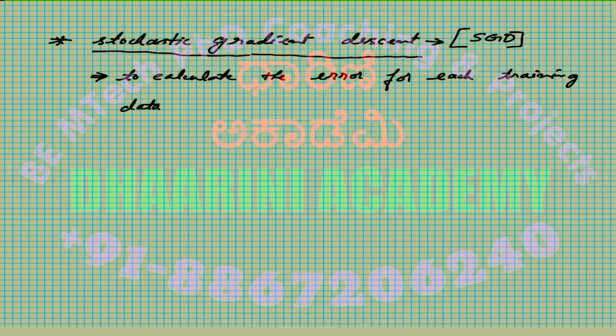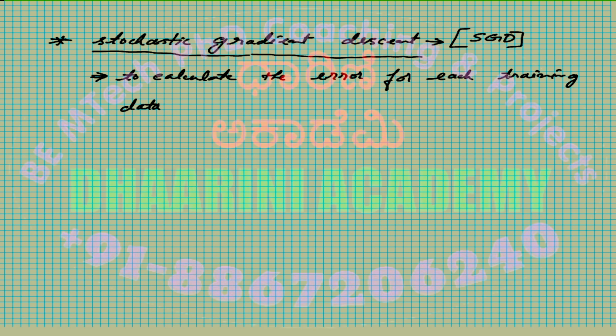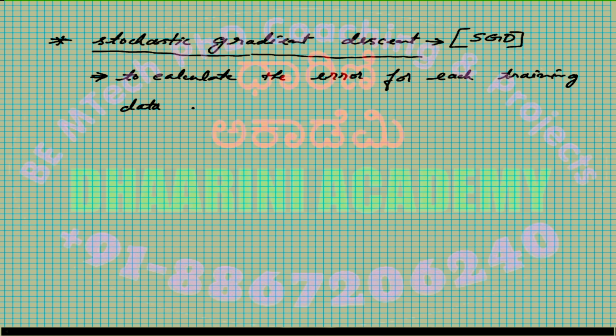The error. So in the SGD, we always try to calculate the error for each of the training data, and then I will decide whether to perform the weight update or not, right? So I'll adjust the weights accordingly.